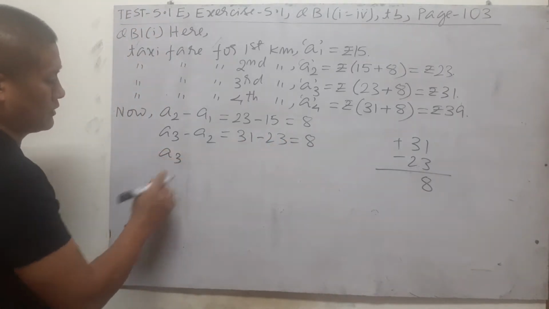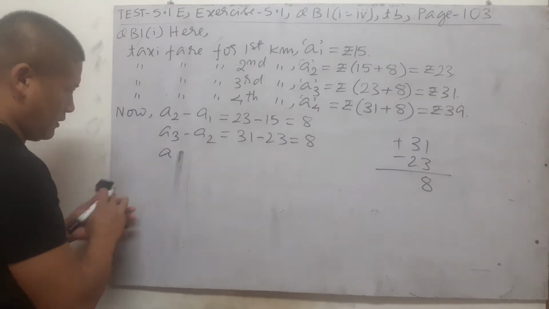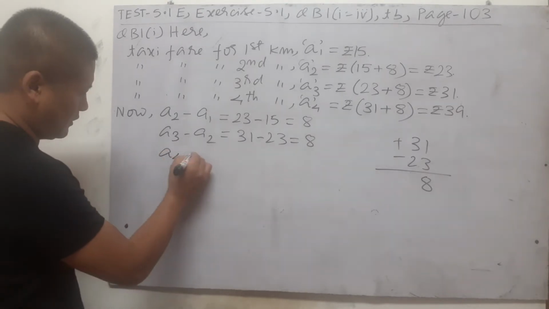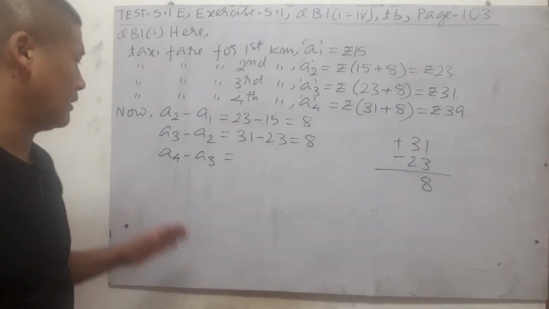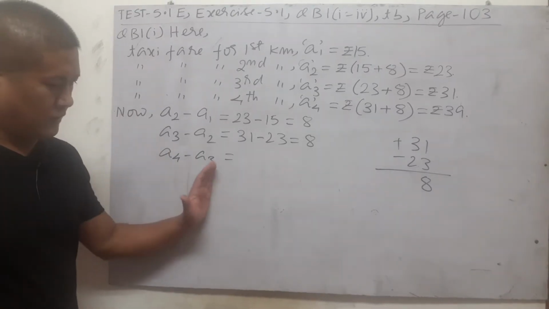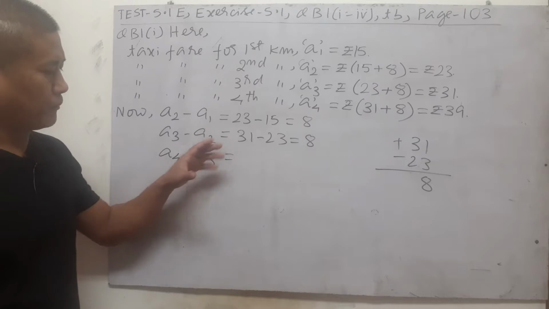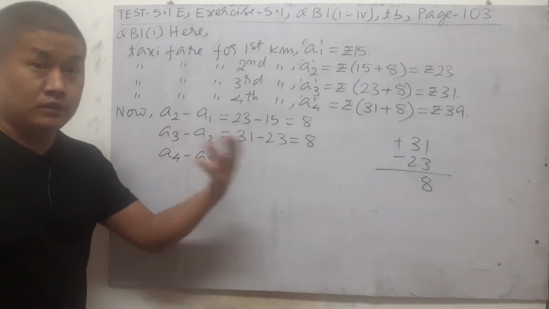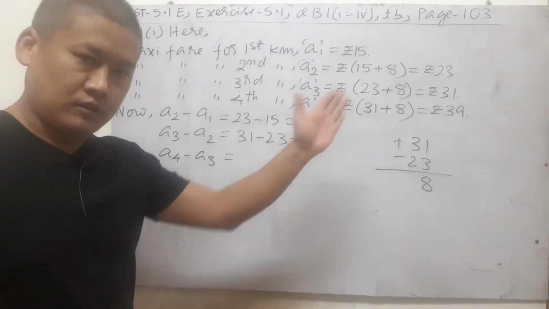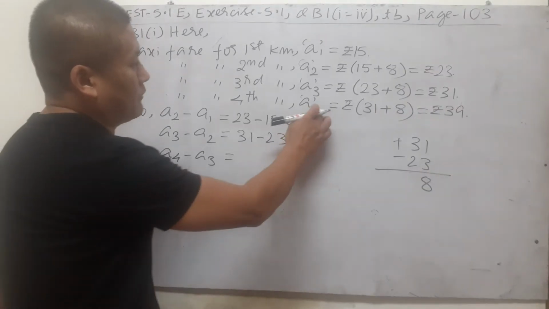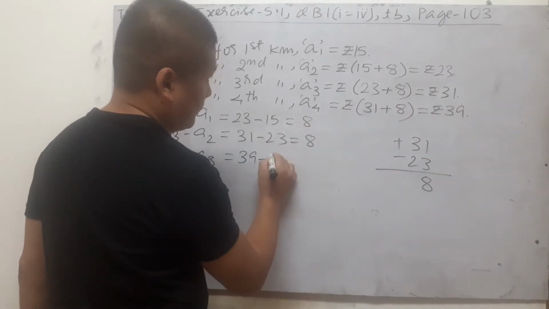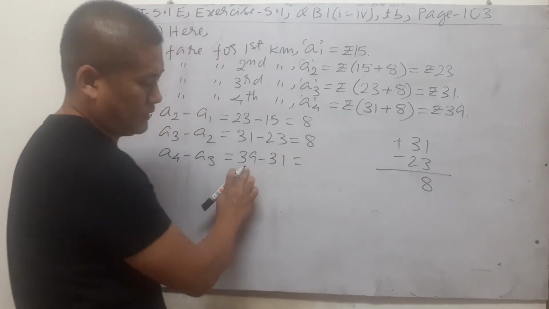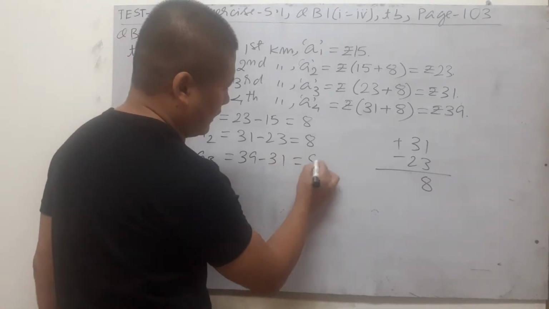Just to confirm it, let us go to one more test. That is the fourth term, A4 minus the third term, A3. How do we get common difference? The fourth term minus the third term, or the third term minus the second term, subtracting the consecutive terms starting from the higher minus the lower term. So A4 is 39 minus A3 is 31, again 8.